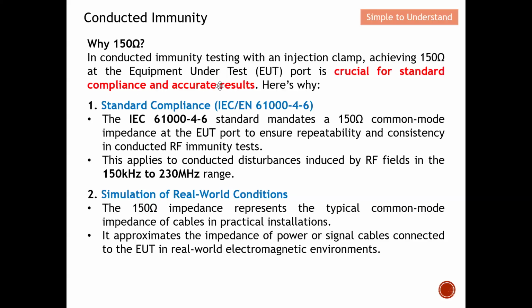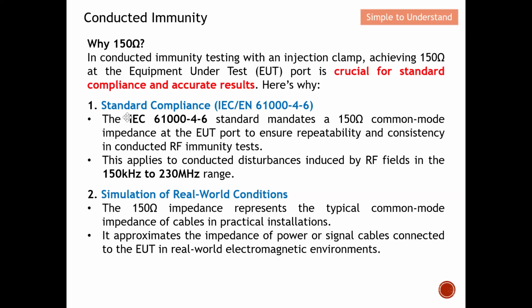So in short, because of the standard, it actually requires the EUT port to be basically 150 ohm. They want it to be compliant and accurate. They want the results to be consistent. So hence they specify this 150 ohm.